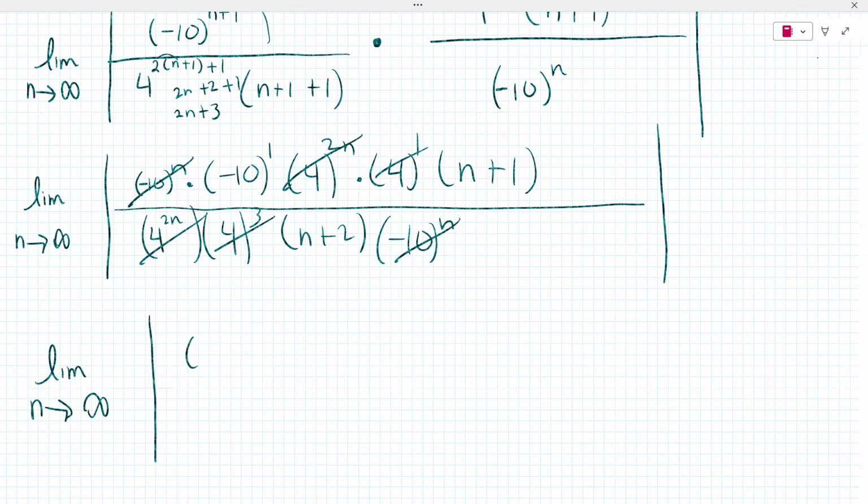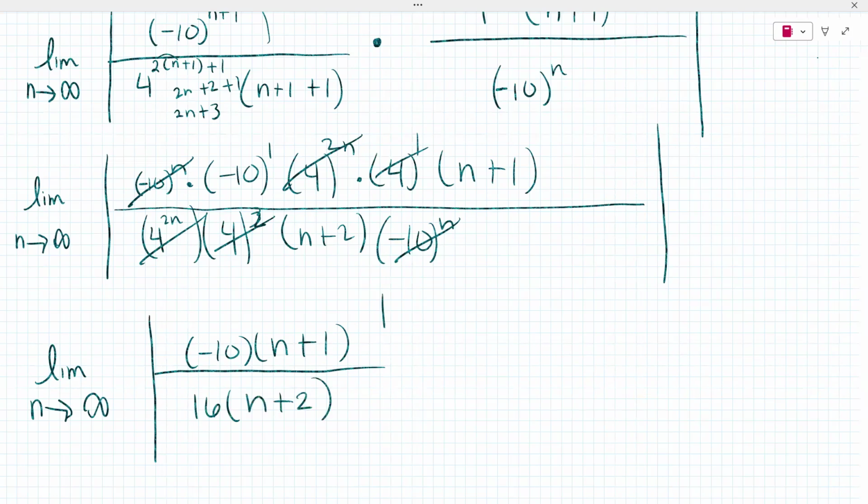So you're left with negative 10 times n plus 1 over, what else? Oh, no, this doesn't cancel. One of the fours cancels here. This is going to be 2. So 4 squared is 16, sorry, times n plus 2, absolute value.